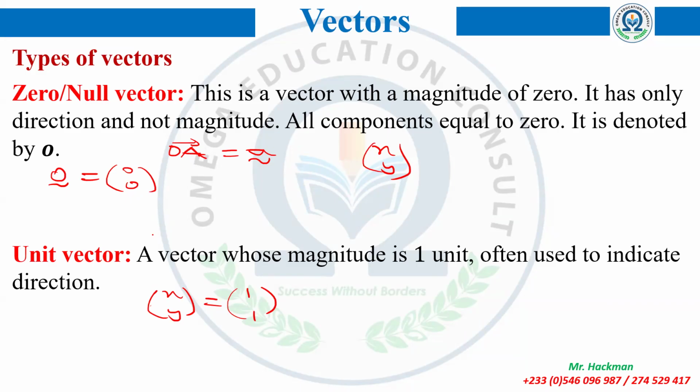The magnitude will be the root of the x component squared, so the x component here is 0, 0 squared, plus the y component also squared, so 0 squared, which in effect will give us root of 0 plus 0, which is root of 0, which is also 0. Is that not it?